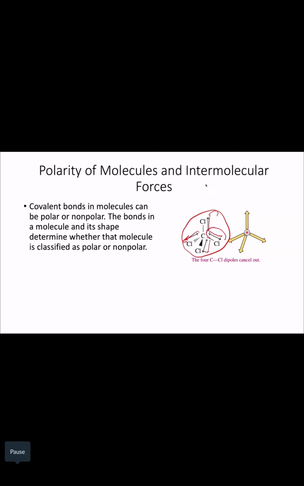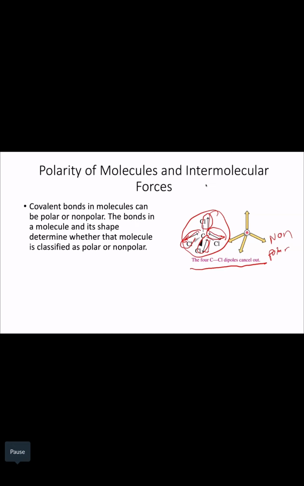So what happens? Those are going to cancel each other out. So the 4 dipoles cancel out, and that is going to be a non-polar molecule. Carbon tetrachloride, to repeat, is a non-polar molecule because the geometry is going to cancel them out.